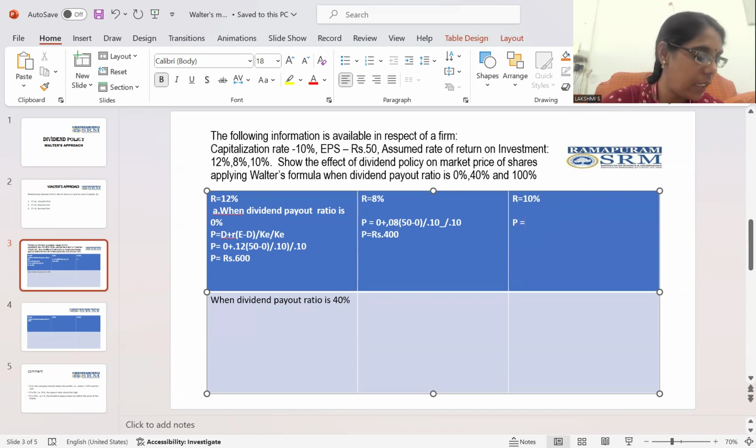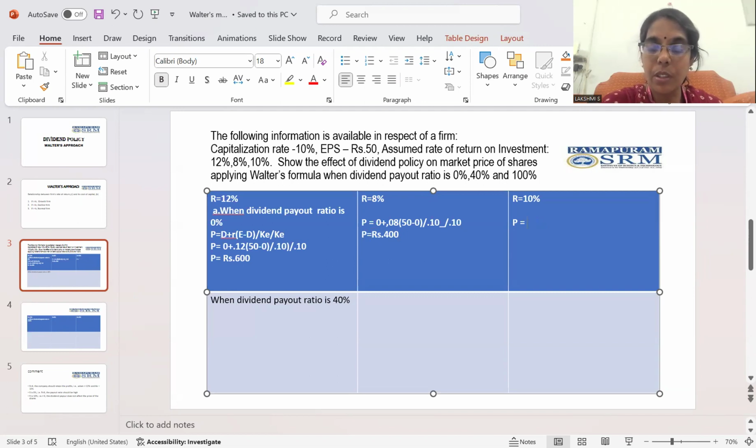Price of the share equals D plus R by KE into E minus D, divided by KE.